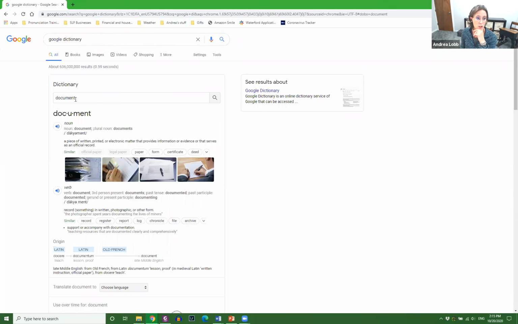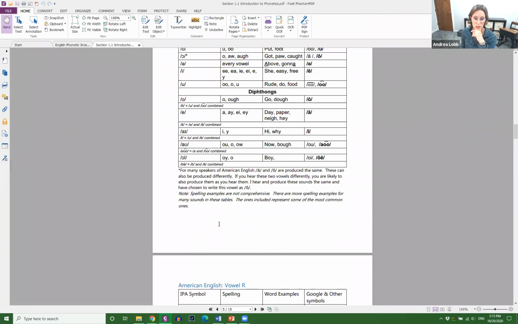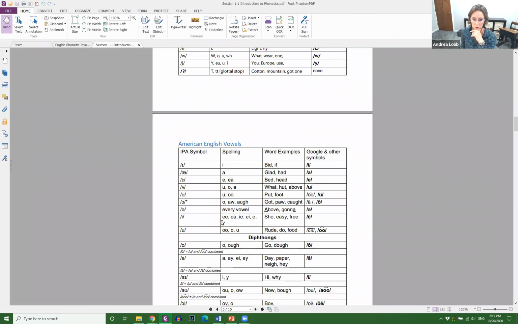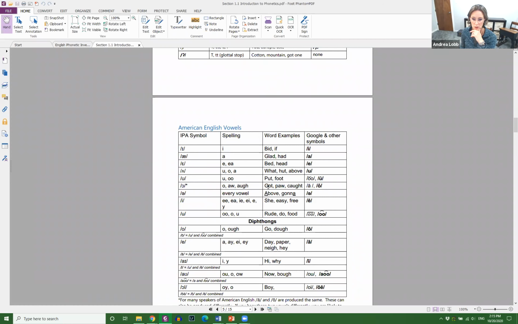So I type in the word document and I can see the syllables, document. And then I can see how it's said. This is phonetic spelling. So then if I need to go back and check my chart, what does that symbol stand for? Here it is. Here are some word examples: got, paw, caught.